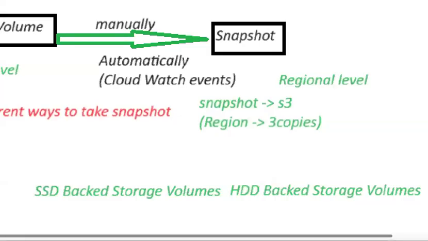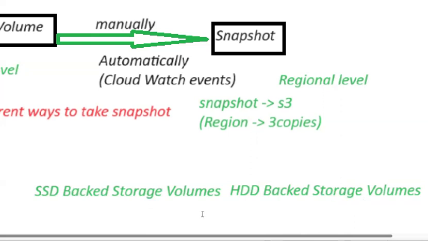Let's see which type of volume is suitable for which need scenario. For EC2 instances, SSD backed storage volumes are suitable, and for processing big data and logging information, HDD backed storage volumes are suitable.